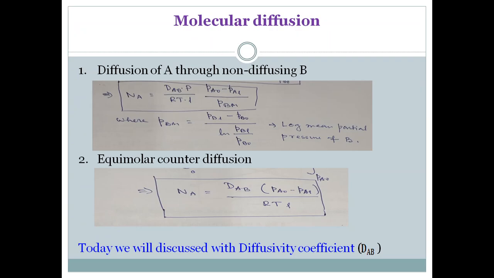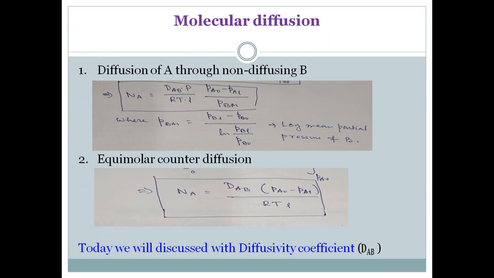Why is the calculation of Na important? Because if Na is high, then I get better separation in a smaller equipment. That's why we are interested in calculating Na.